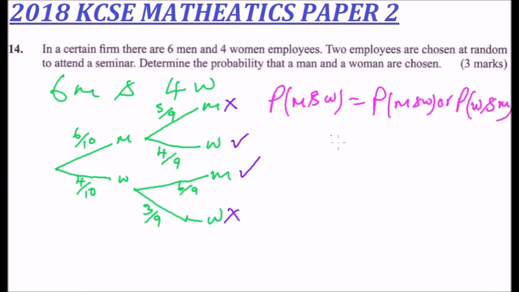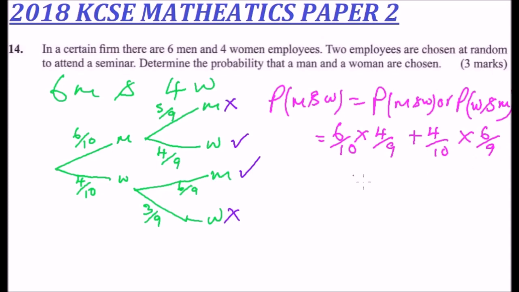So we can work them out. This probability will be 6 over 10 multiplied by 4 over 9, plus the other one, which is 4 over 10 multiplied by 6 over 9.